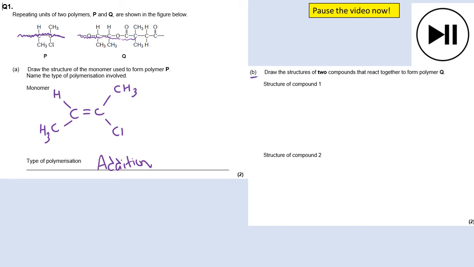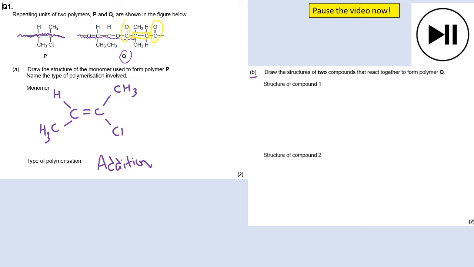So we need to form this polymer, and I know it's going to be from a dicarboxylic acid and a diol. So what I suggest you do is find the 2 carbonyl groups. So there's my 2 carbonyl groups, and those are going to be your dicarboxylic acids, and then you find out what your block in the middle is.